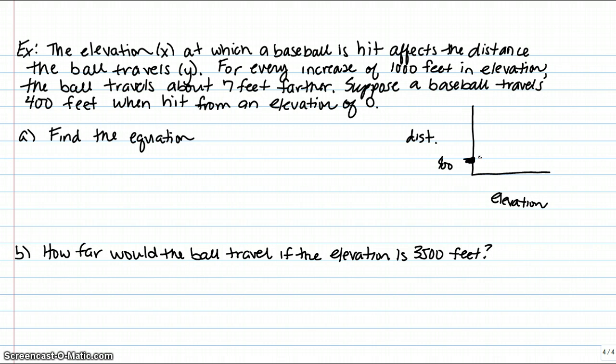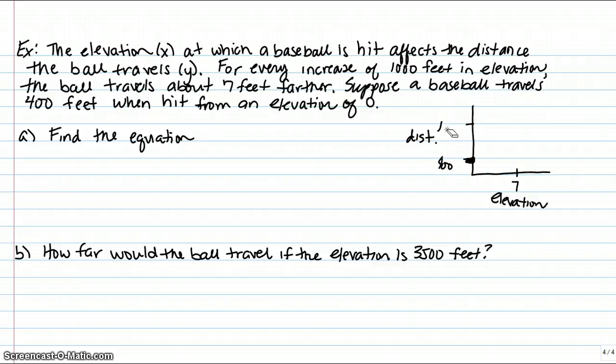So that's going to be a point on my graph. After that, it also says that for every increase of 1,000 feet, so say it goes up 1,000 feet, the ball will travel 7 feet further.